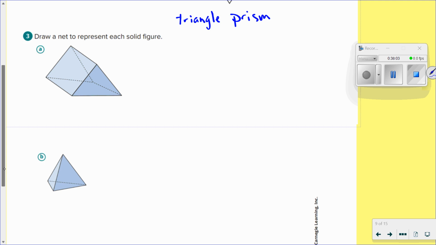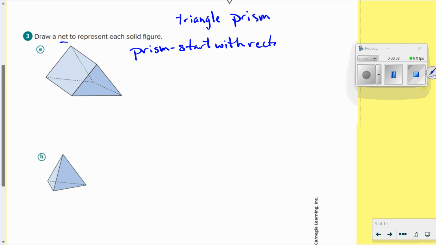Now these ones, if I'm going to draw the net, I just kind of do the opposite. I'll give you a hint. If you're going to do a net of a prism, I would start with the rectangles. If I'm going to do a net of a pyramid, I would start with the base shape. Okay? So prism, start with rectangles.